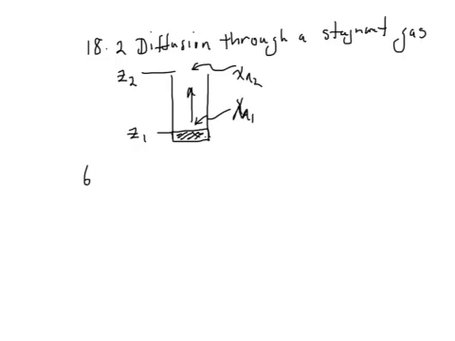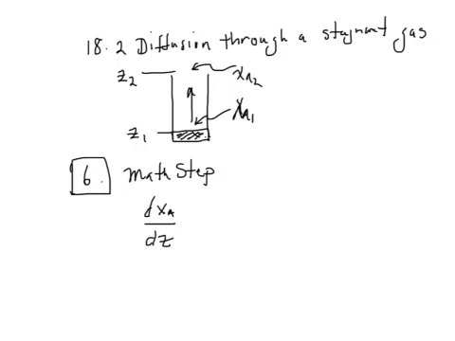So we were at step 6, which is simply the math step, and we had obtained the simple differential equation that dXA/dZ was equal to minus C1 times (1 minus XA) over C D_AB.